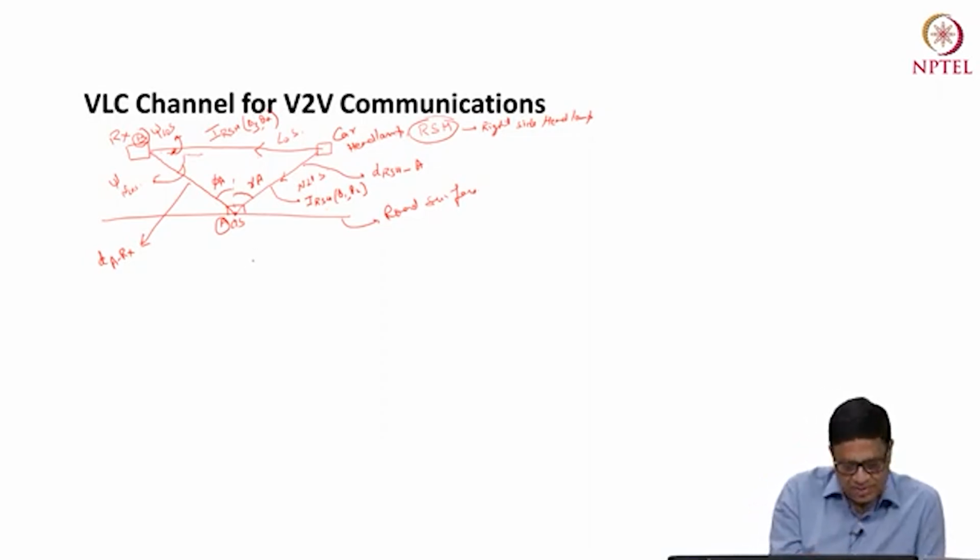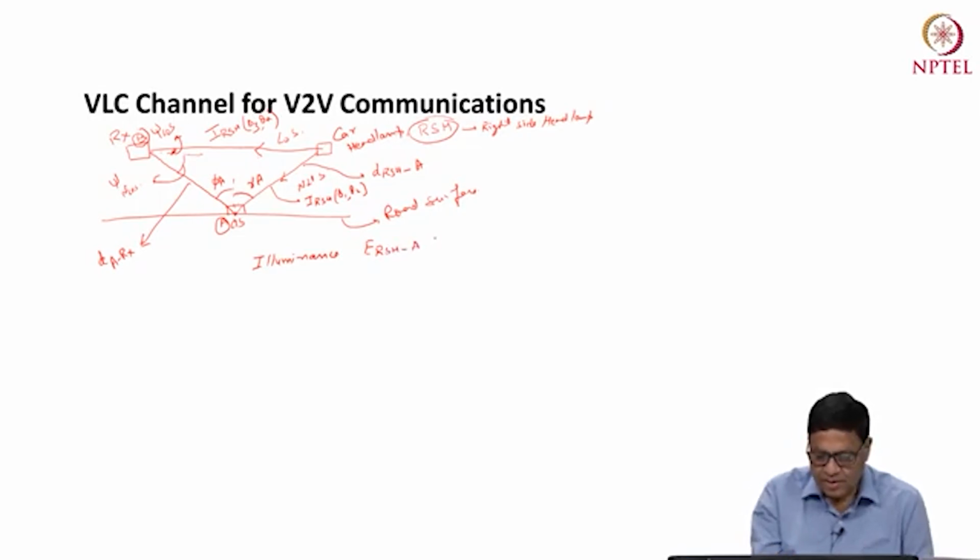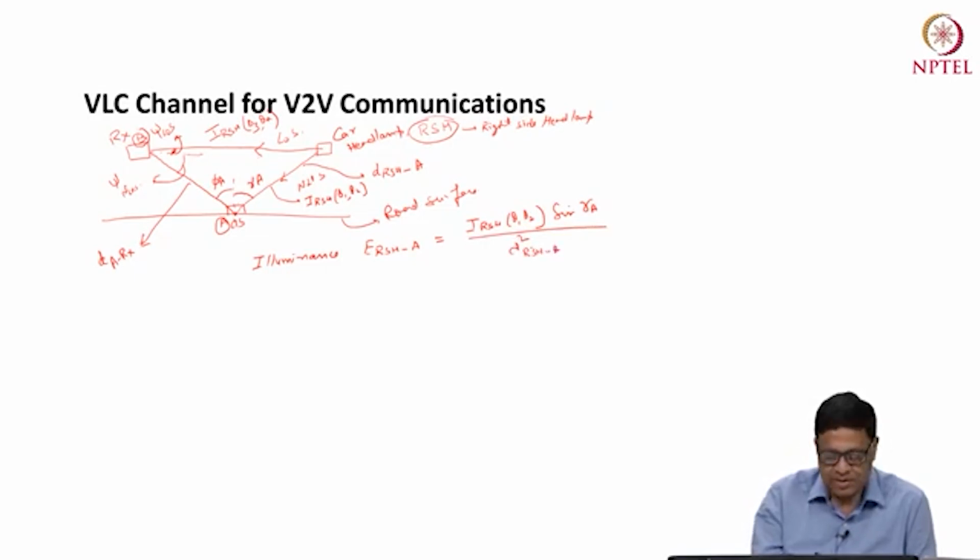So the illuminance E RSH at A is given by I RSH, which is a function of theta 1 and theta 2, sine gamma A divided by D square, the distance RSH minus A. This is the illuminance at point A.